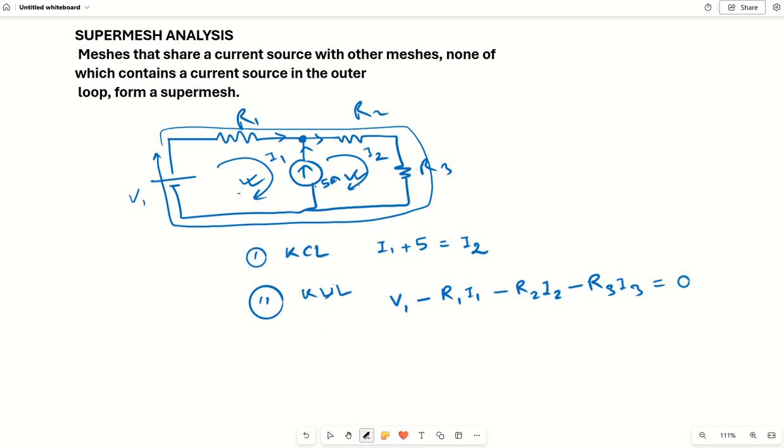So these two KVL equations get replaced by two equations, out of which one is the KCL equation at the node and the second one is the KVL equation in the outer loop.